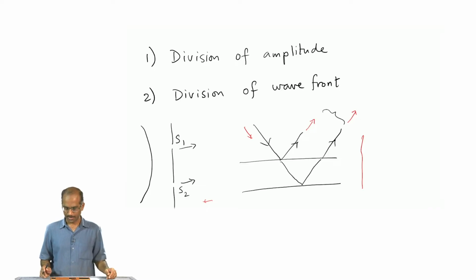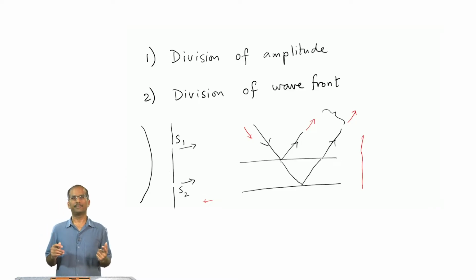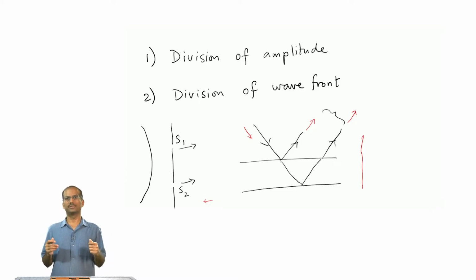What you have is one beam that is, let us say, coming and hitting a glass slab or some such thing, and there are reflections taking place, typically from two different points of that material. Because the reflection takes place from two different points, a path difference is introduced between these two beams.